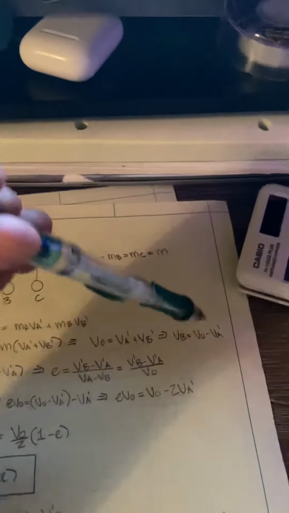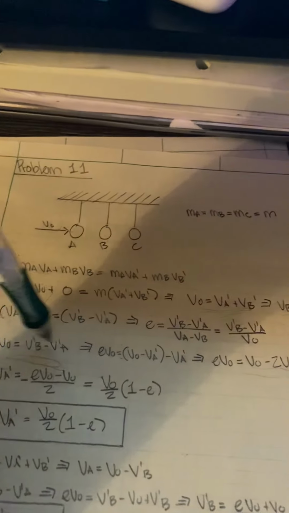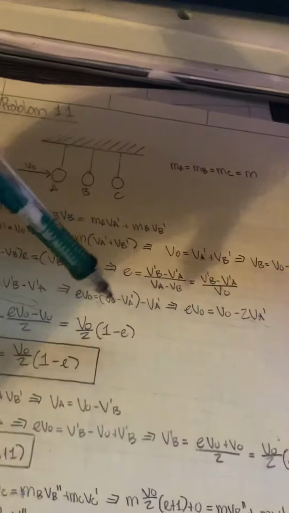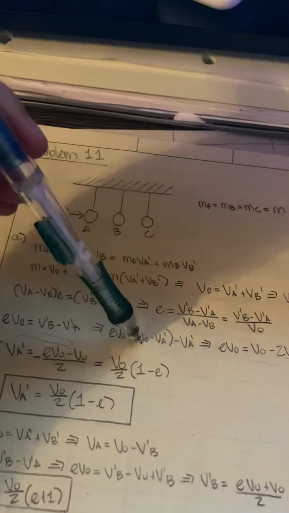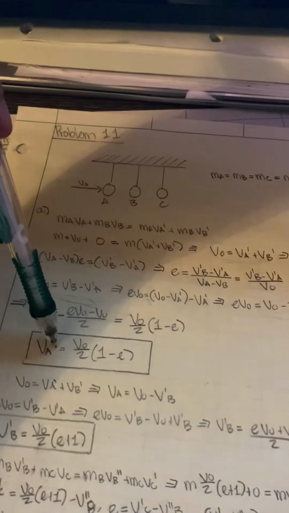And then, like earlier, we have VB, which is equal to this. Plug that in. Now we can solve for VA, the velocity of A immediately after the first collision. So plug that in, solve for VA. It's given to us like this.